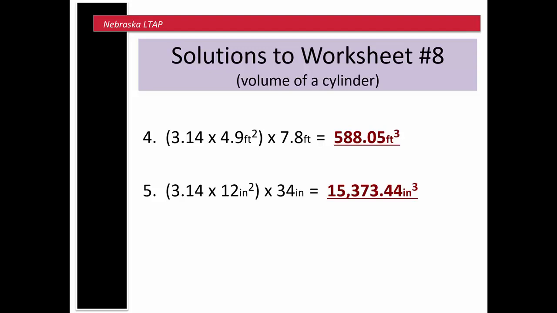And we have a height of 7.8. Once we square the 4.9, we get 588.05 cubic feet. And then for the next one, it's a 12-inch radius, and it is 34 inches tall. So hopefully those are the answers you arrived at.